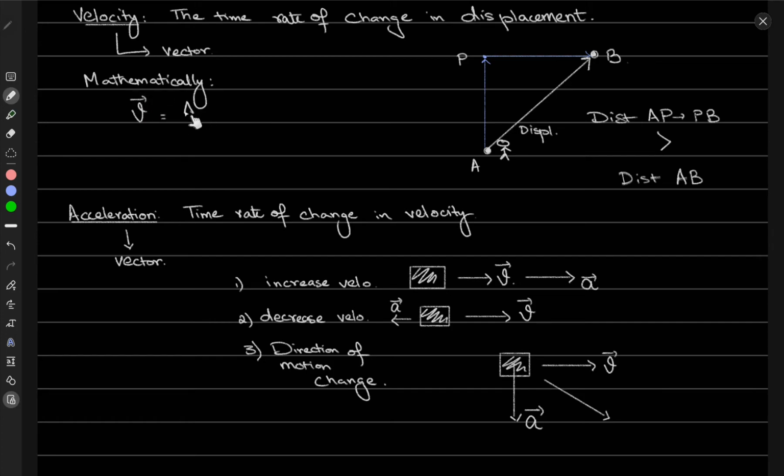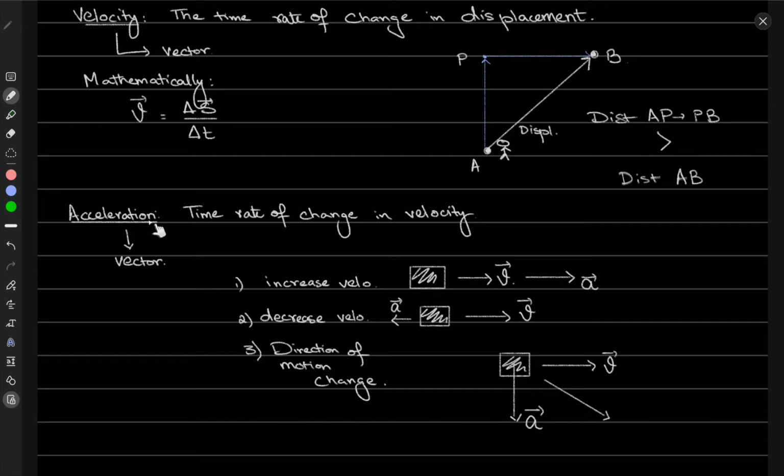It is the change in displacement, delta s, where s represents displacement, divided by the time it takes to change that displacement. So that's delta t. So that's how you can define a velocity vector mathematically.